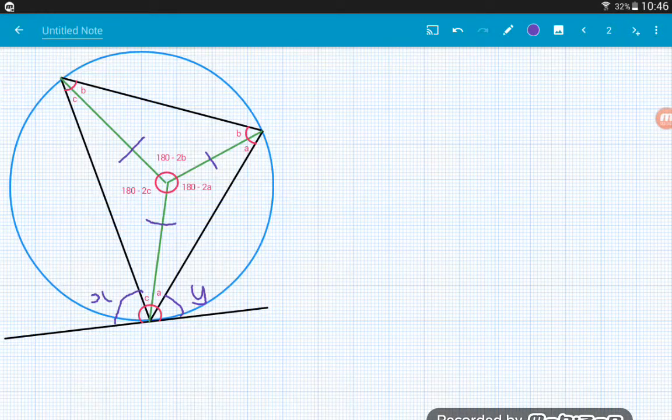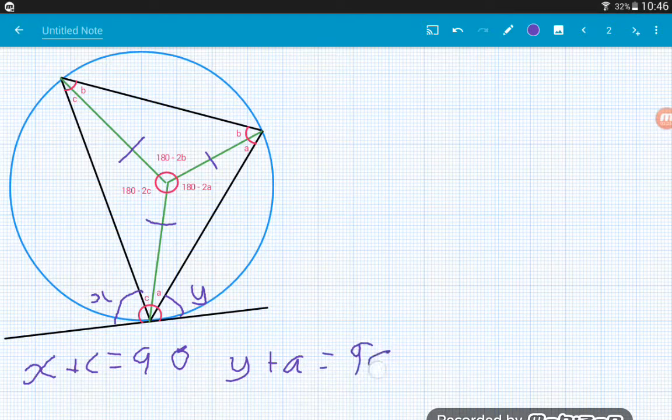So that tells us that X plus C is equal to 90, and also then that Y plus A is equal to 90, the two angles at the intersection of the radius with the tangent. So those two are going to be useful to us.